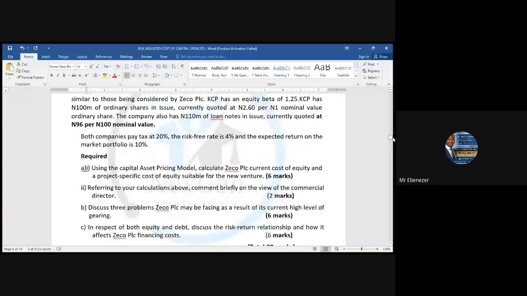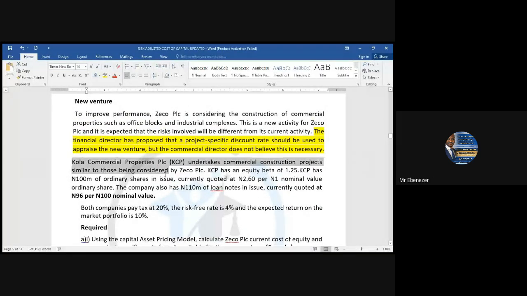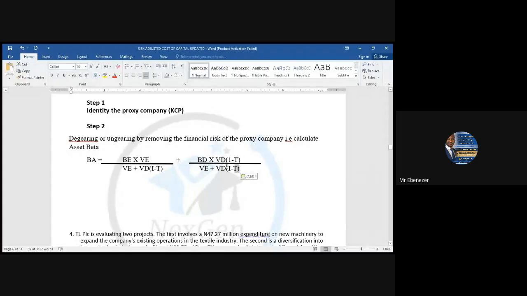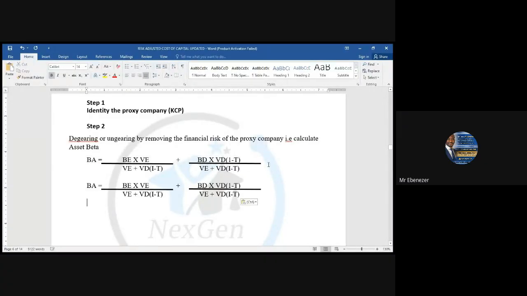No. There is no information about the debt beta. So therefore, all of this will be equal to 0. Then we'll make use of the first one, so we move from there.